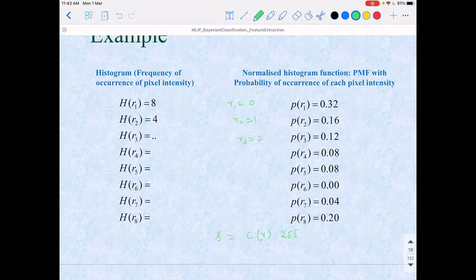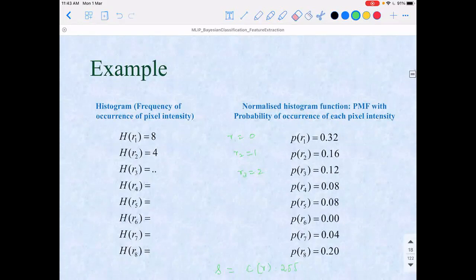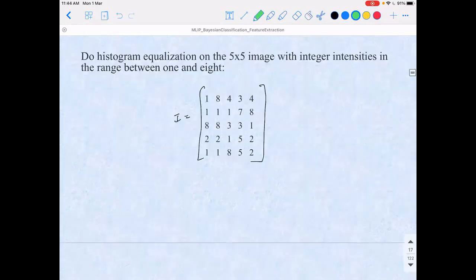So we actually have intensities ranging from 1 to 8 here. Let us bring the intensities here also as 1 to 8. What I am writing is the possible intensities: R1 equal to 1, R2 equal to 2, R3 equal to 3, and so on, and R8 equal to 8. Now the question in histogram equalization is, initially I have the image like this. Based on the frequency of occurrence of 1, after equalization, where does this intensity 1 have to go?